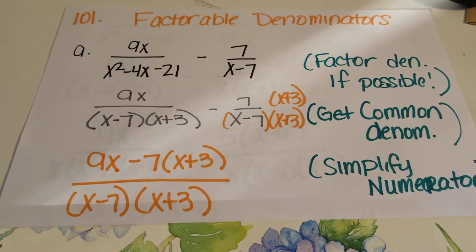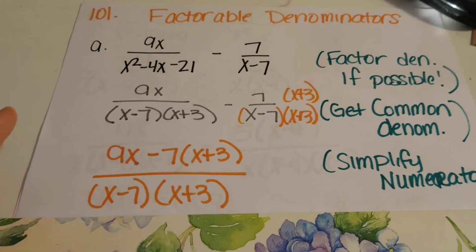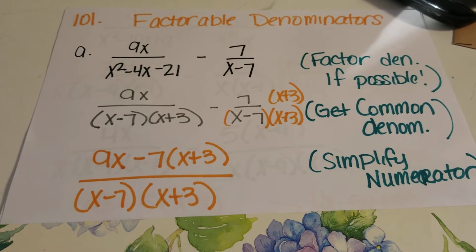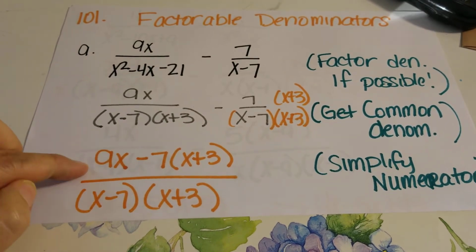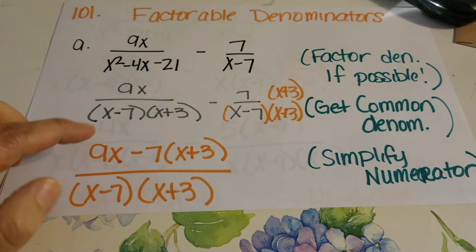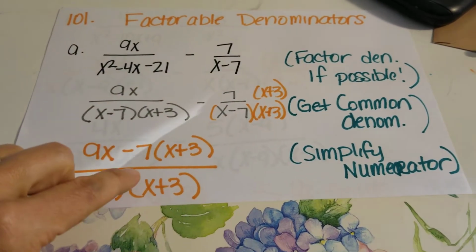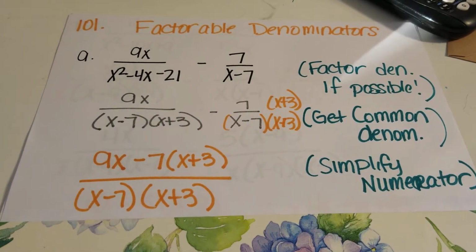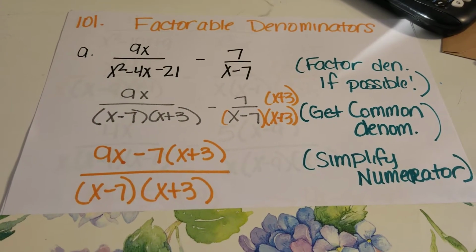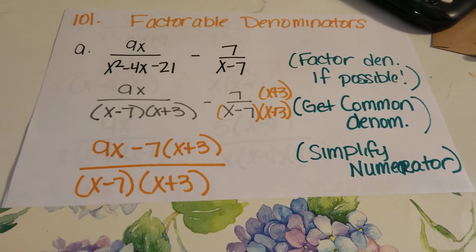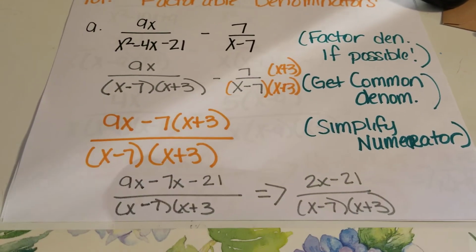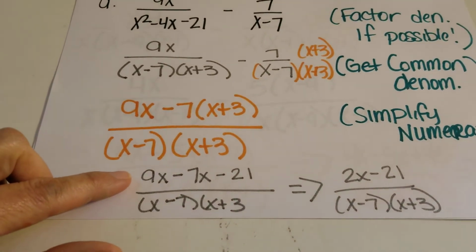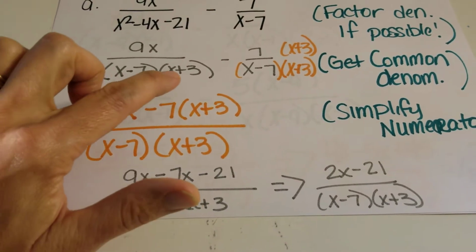Next step is to simplify the numerator. So I just put my common denominator in the denominator spot, x minus 7, x plus 3. And then the numerator becomes 9x minus, because you've got the minus, 7 times x plus 3, okay? So I just rewrite the numerators all in one numerator and the denominator over that common one. Then I go ahead and simplify. In my numerator, it becomes 9x minus, and then I distribute.